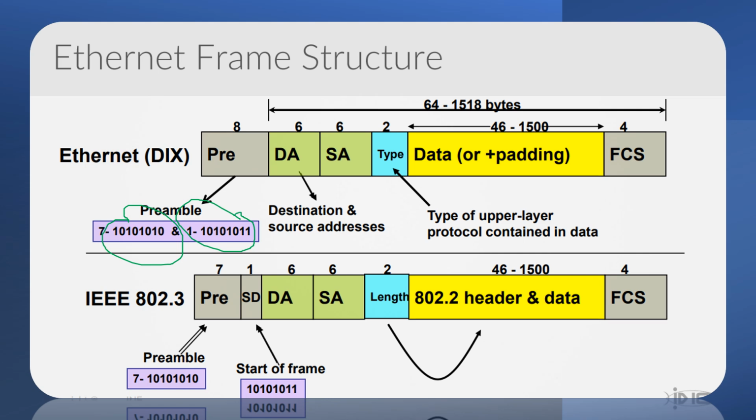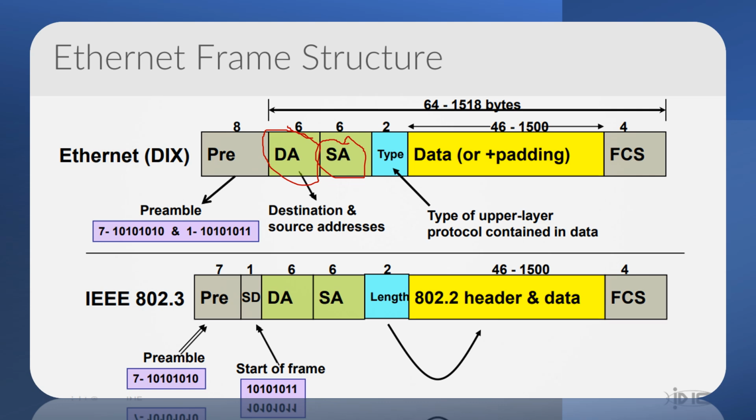Now the second segment is the destination address, the destination MAC address, which is 6 bytes. The next is the source MAC address, again 6 bytes.